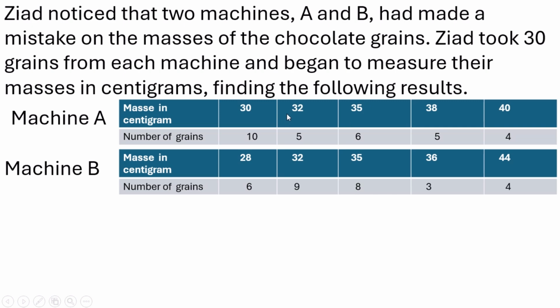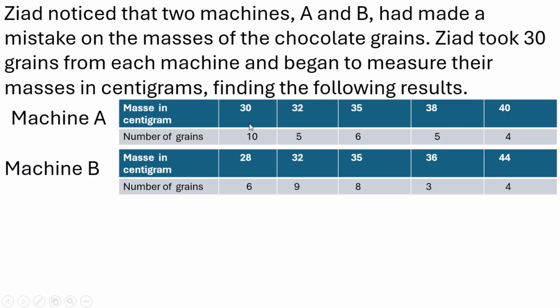First, we think about what? About the average. We calculate the average in each series. Here we have 30 10 times, 32 5 times, etc. The average is equal to the sum of nixi over the total size, which is 30.